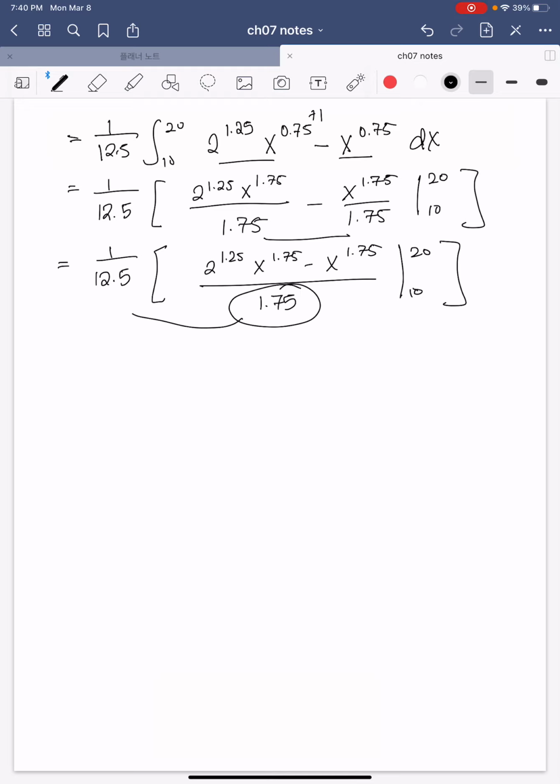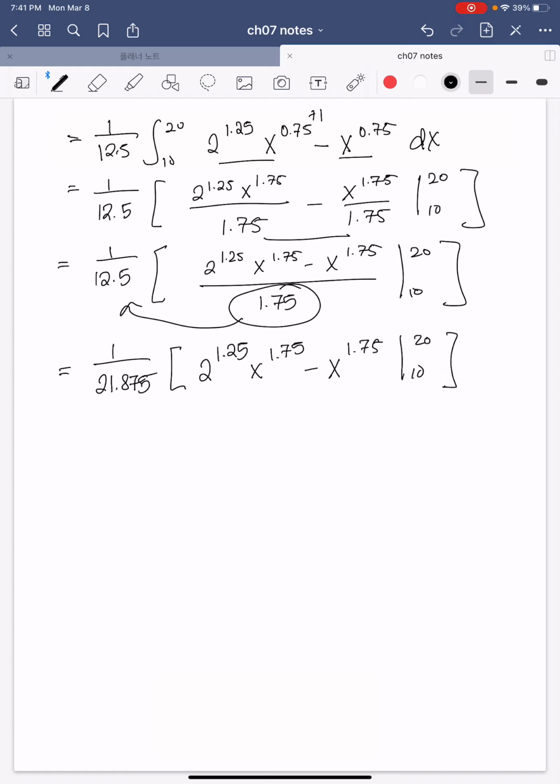Pulling out that 1.75 outside because it's a constant, it's on the bottom, so 12.5 times 1.75 gives me 1 over 21.875. And then inside you have 2 raised to 1.25 times x raised to 1.75 minus x to the 1.75, from 10 to 20.